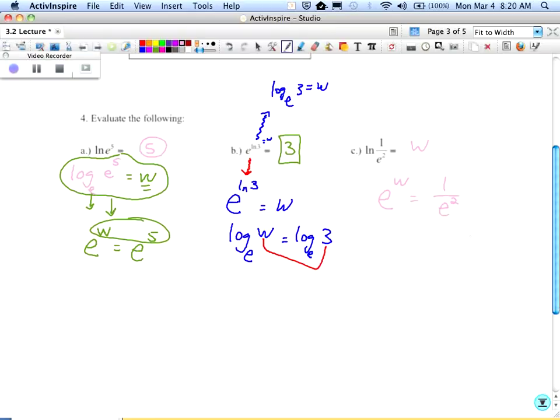So as you look at it, we're saying e being raised to some power makes it flip into 1 over e. What's going to cause our base to flip? The negative. So I know my W is negative. Well, what's going to cause it to go from e to e squared? Negative 2.